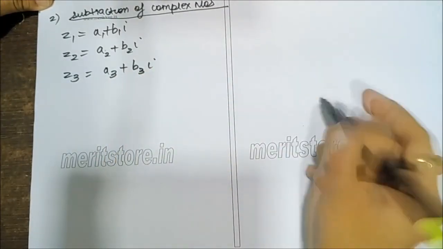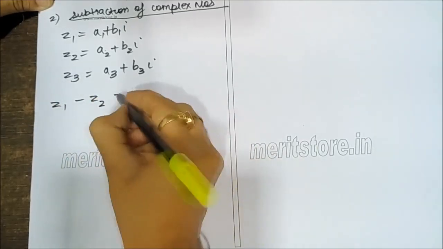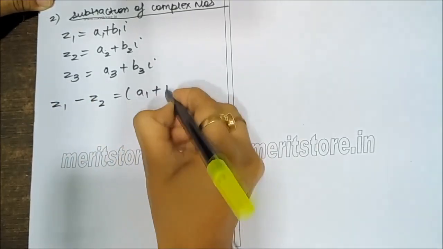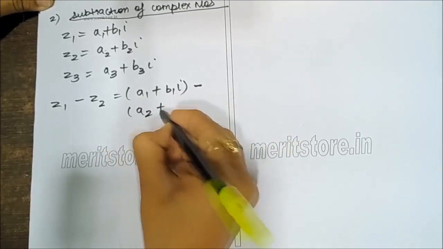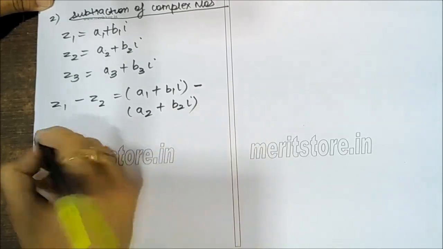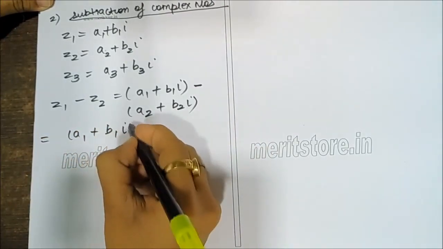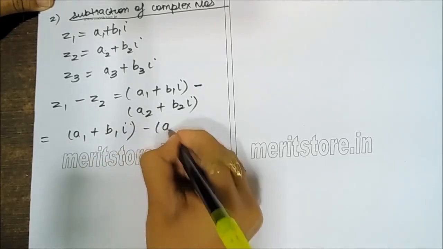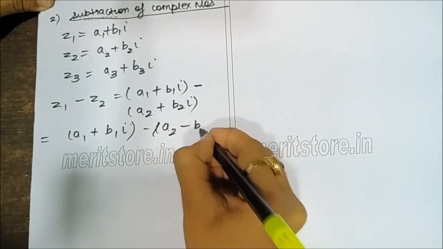So basic subtraction, let's say Z1 minus Z2, so it will be a1 plus b1i minus a2 plus b2i, that is a1 plus b1i minus a2 minus b2i.